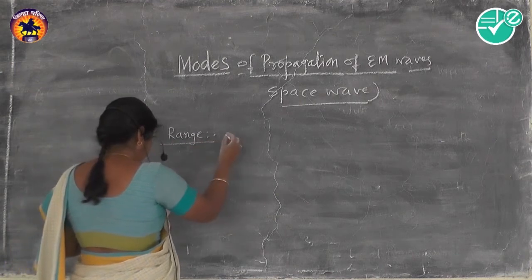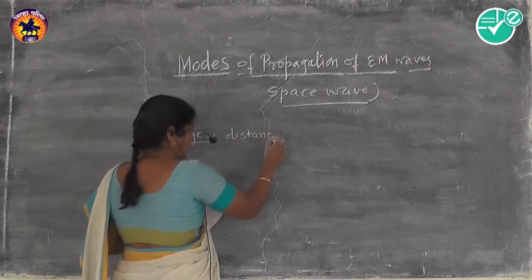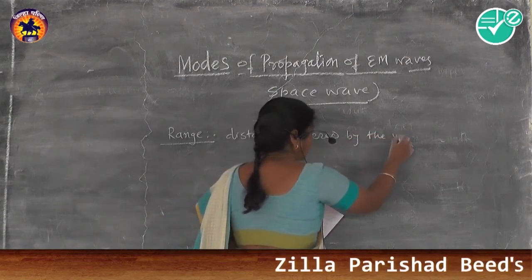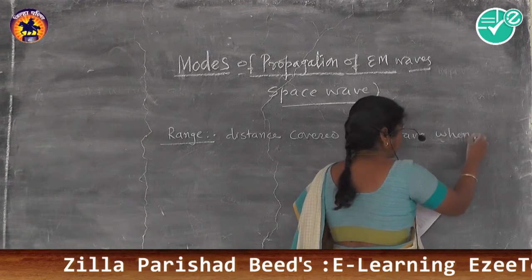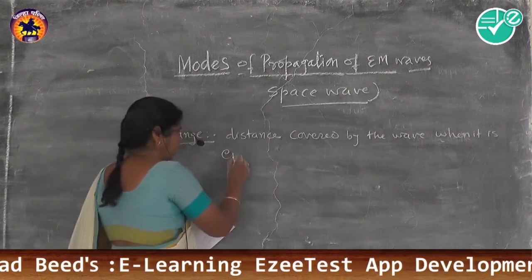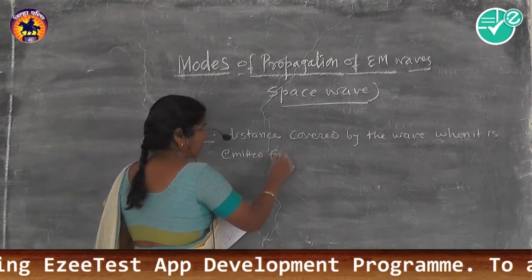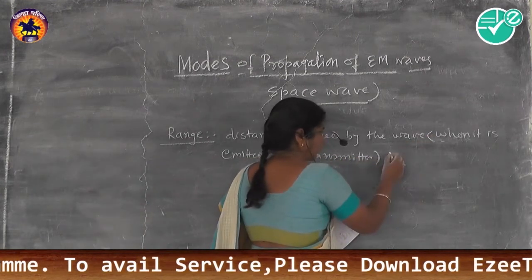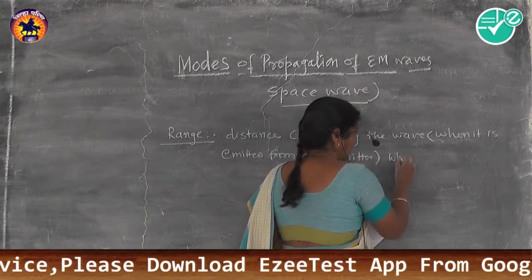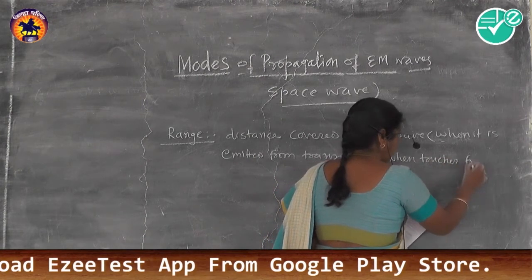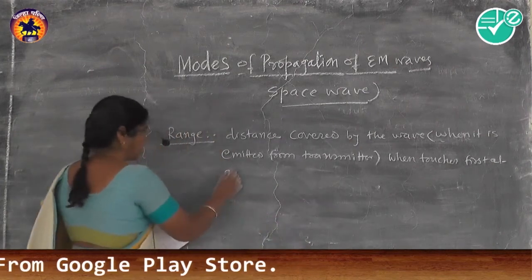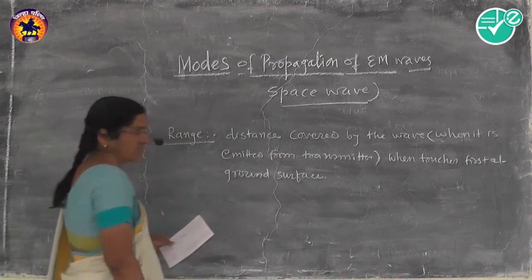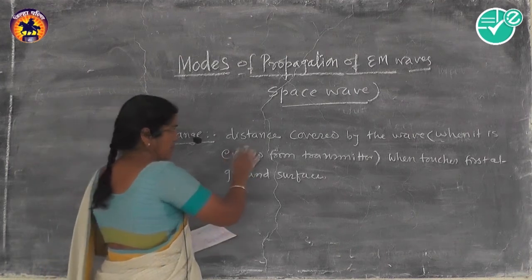It is the straight distance covered by the wave when it is emitted from the transmitter, first touches the ground surface, and then reflects towards the receiver. This distance is known as range.